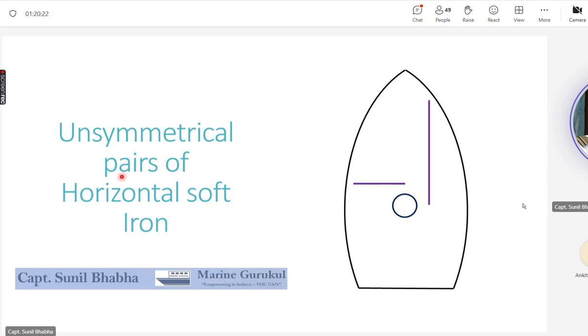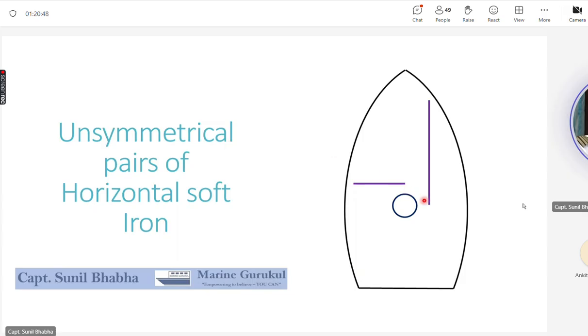So the first thing to note is that coefficient A requires a pair. Pair means there should be a combination of fore and aft as well as athwartship horizontal soft iron. The second thing which is required is that these horizontal soft iron should be unsymmetrical. Now, what do we mean by unsymmetrical?